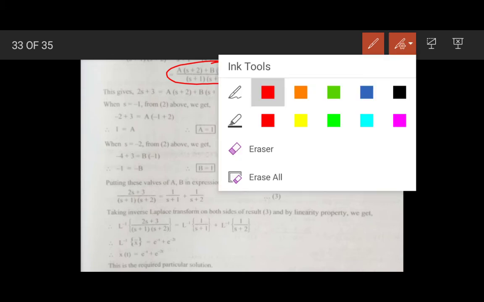Now since the denominator is common, the denominator will be cancelled and finally we get the equation as 2s plus 3 is equal to A into (s plus 2) plus B into (s plus 1). Now we will substitute values for s. First let s equal minus 1.